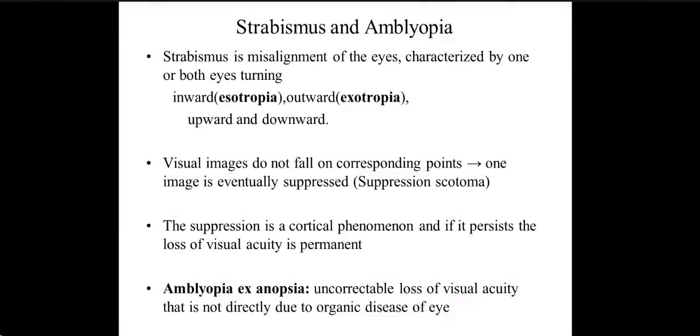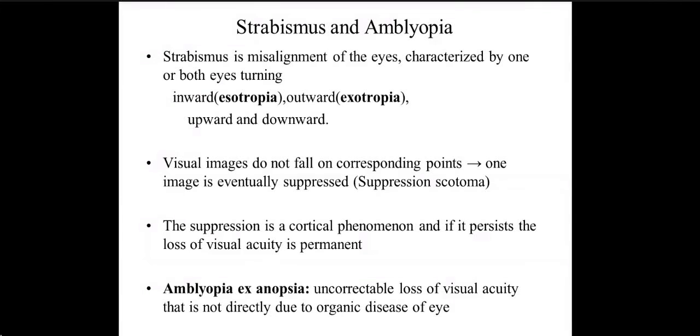And strabismus and amblyopia, have you already read about that in your practical class or not? Should I tell it or not? Have you read all those things? No, sir.